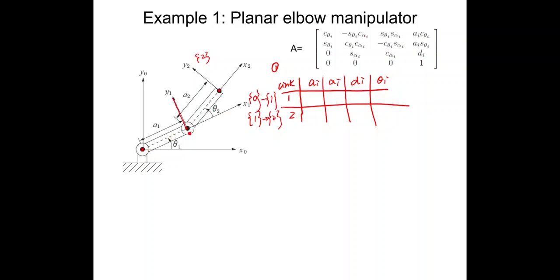Here I have my frame 1, and obviously Z_i is pointing outside the paper. So here I have my Z1 and here I have my Z0.